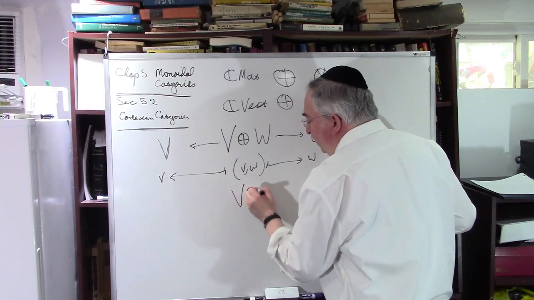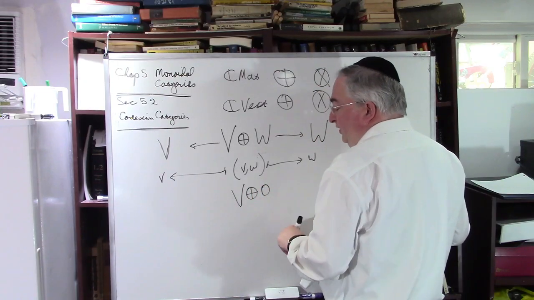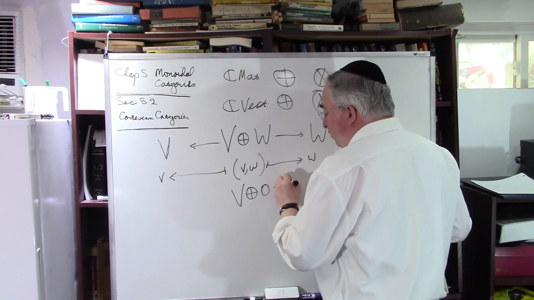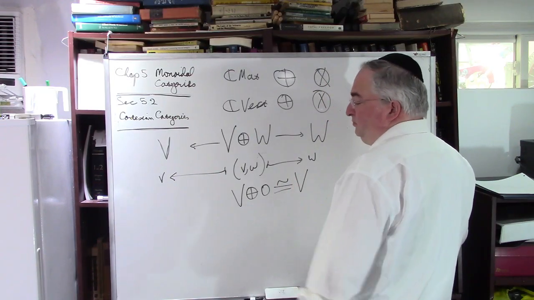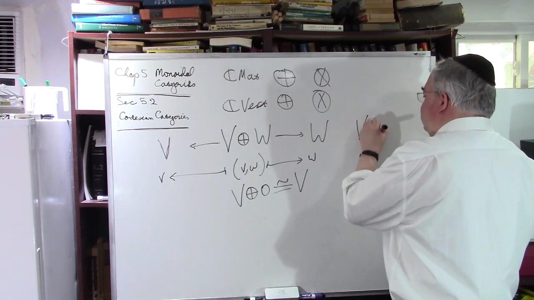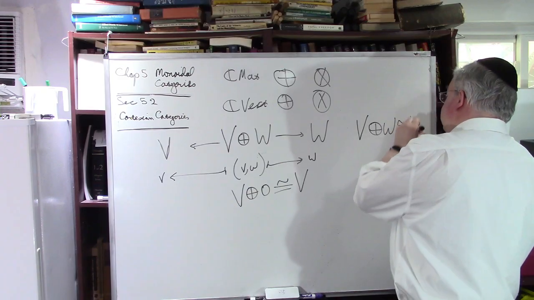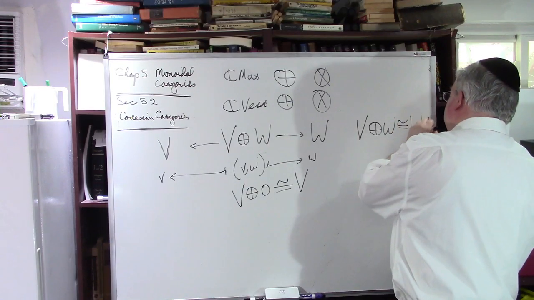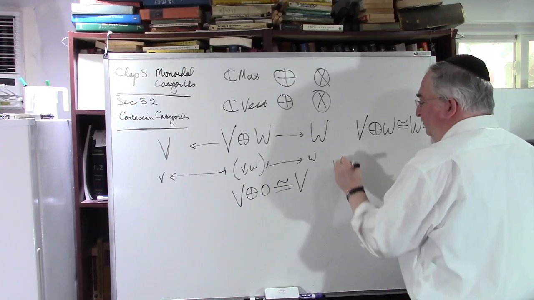Well, you have to show that V plus 0, the trivial vector space, is isomorphic to V. Not hard to show. Next, V plus W is isomorphic, not equal, to W plus V. Not hard. Next, what else do you have to show?